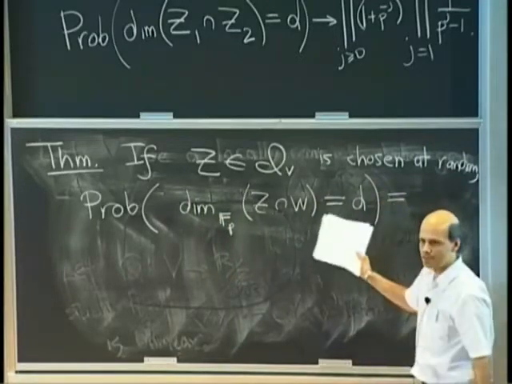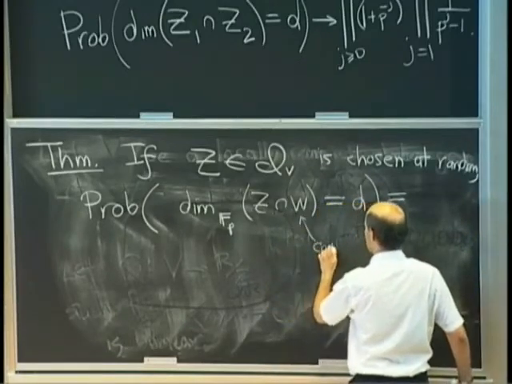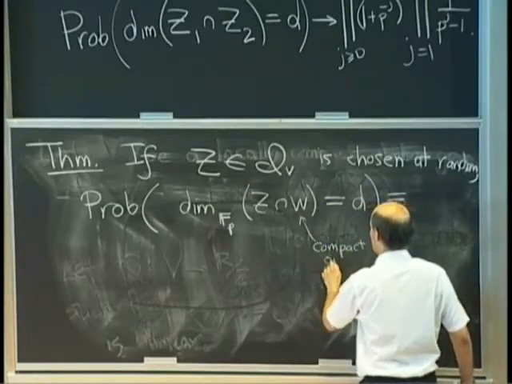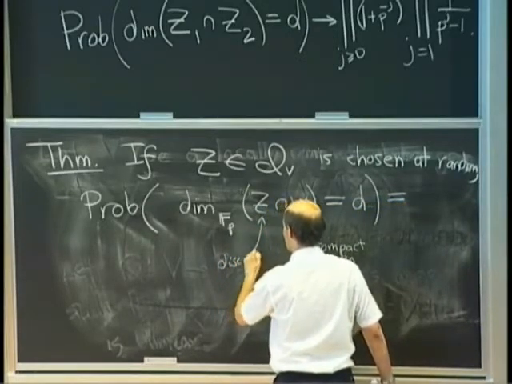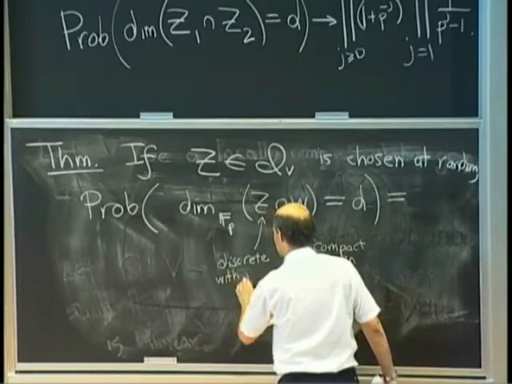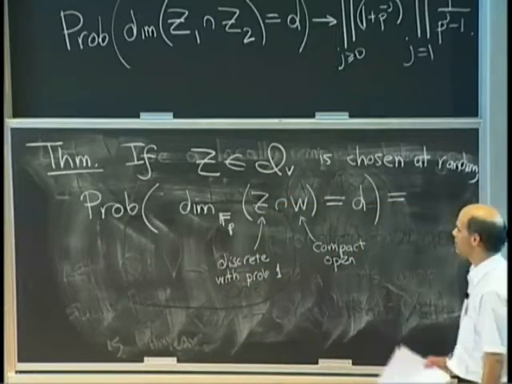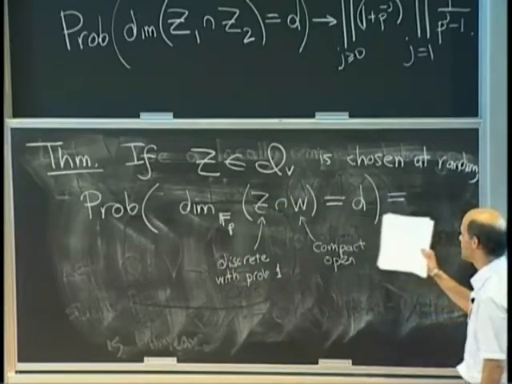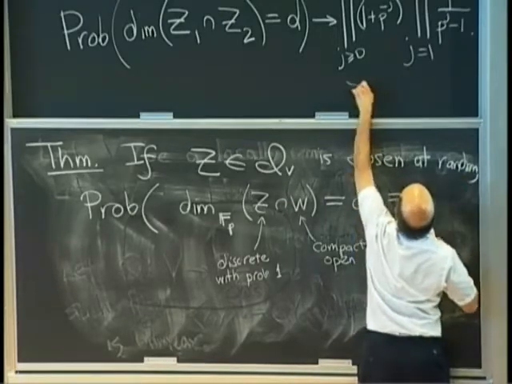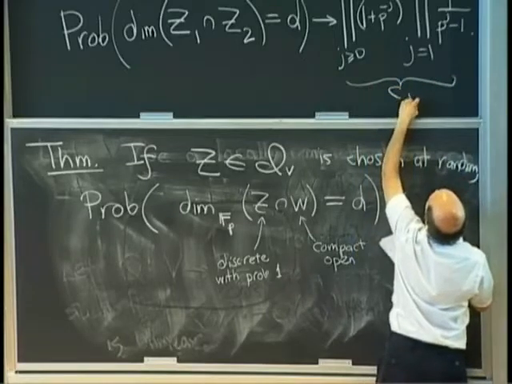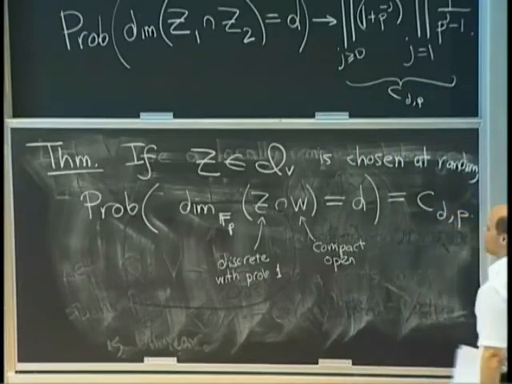A priori, this dimension might not even be finite, but it turns out that whereas W is compact open by definition, Z is discrete with probability 1. And therefore, the intersection is actually finite with probability 1, and there is some distribution over the dimension of this finite dimensional vector space. Let's call this C(d, p), and then you get that exact value.